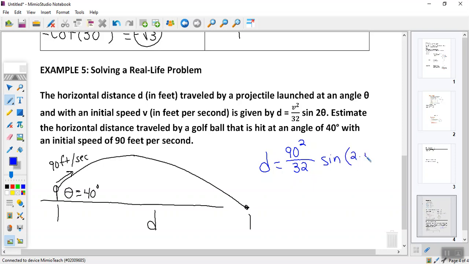Which is really going to be what value? Okay, so what I think you should do here, guys, is this. I think you should punch this in your calculator like this. d equals, go 90 squared, in parentheses like this, divided by 32, times sine of, in parentheses, 80.